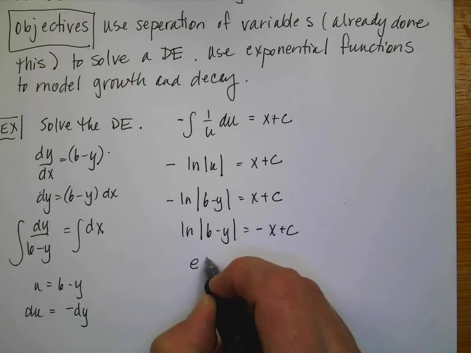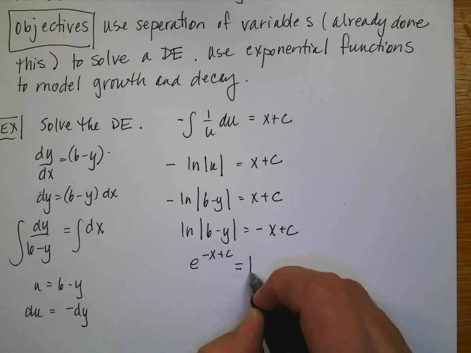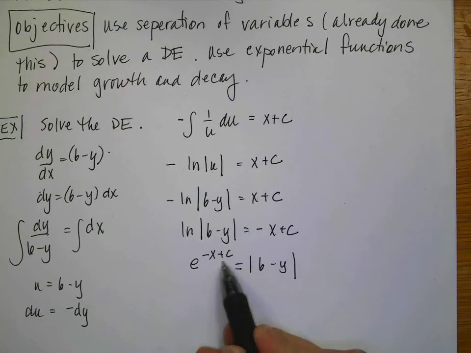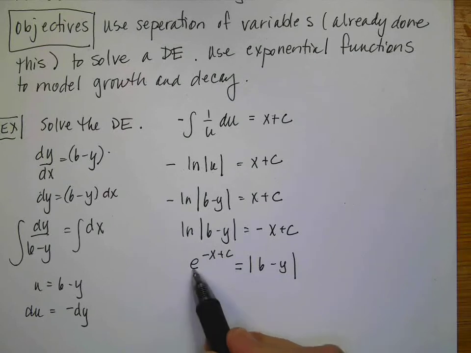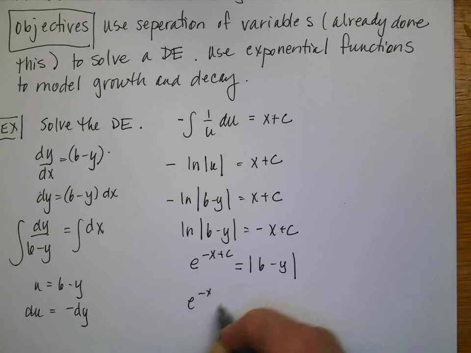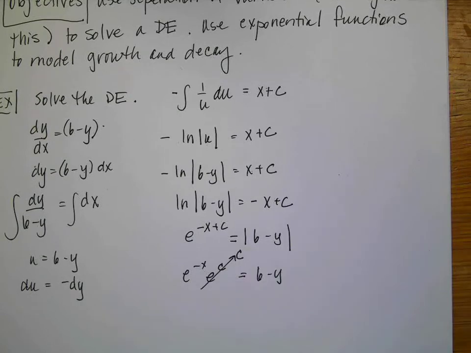Now I'm going to go to exponent form. e to the negative x plus c is equal to 6 minus y. And then remember we've talked about this before. I can write this as e to the negative x times e to the c, which would be 6 minus y. But e to the c is just a constant.